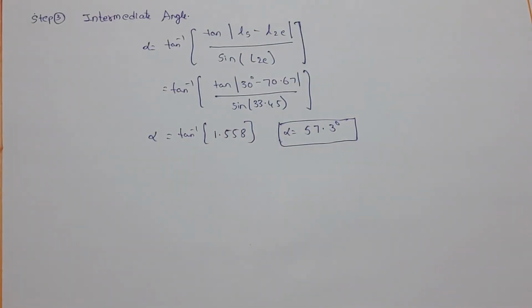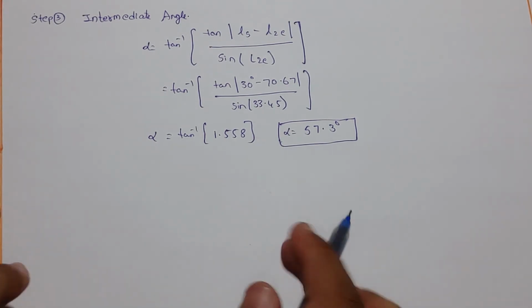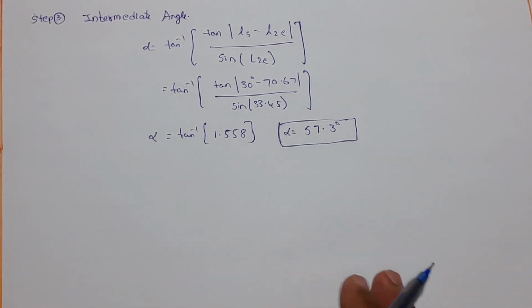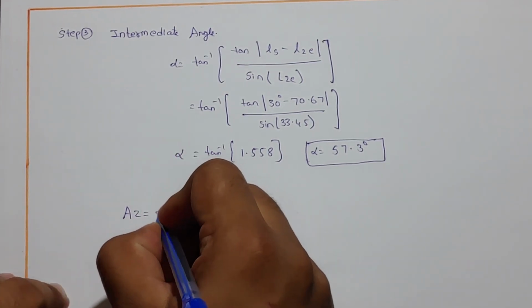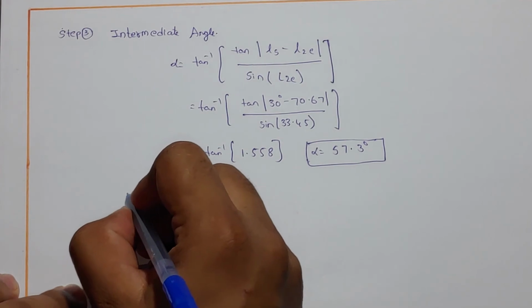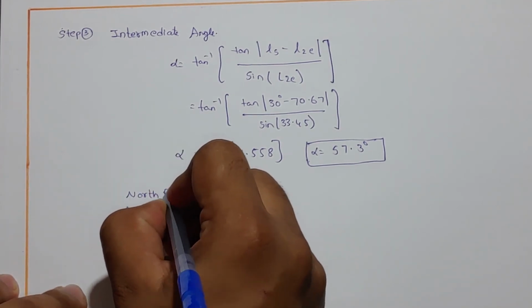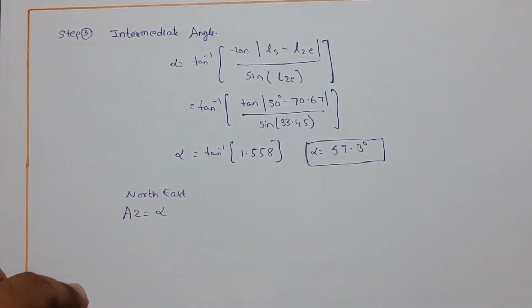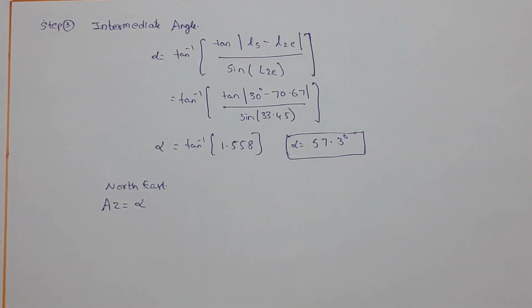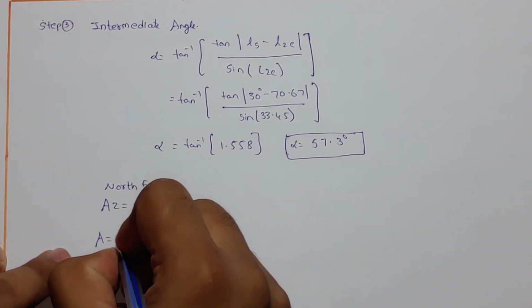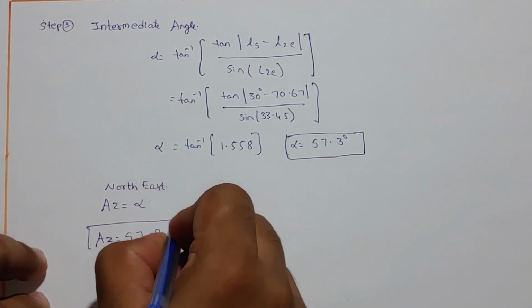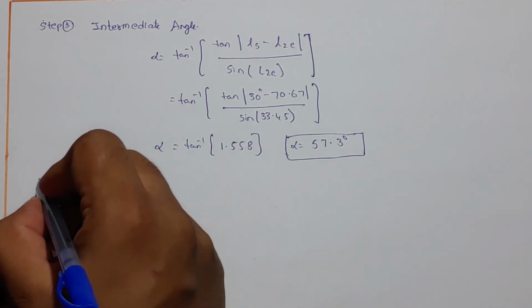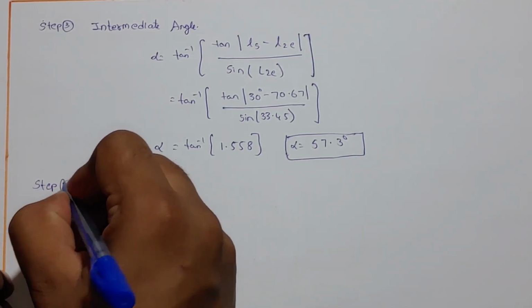From the previous classes we have already understood that for the satellite station in the northeast direction, azimuth angle will be equal to intermediate angle, that is azimuth angle is equal to 57.3 degrees in the case of H station 2, which is step 4.